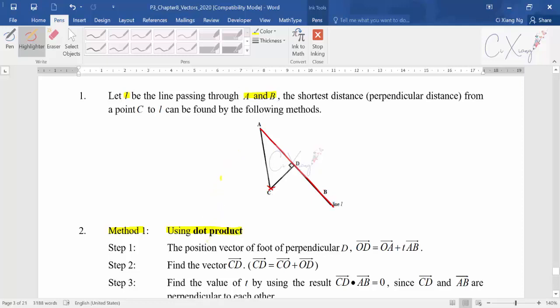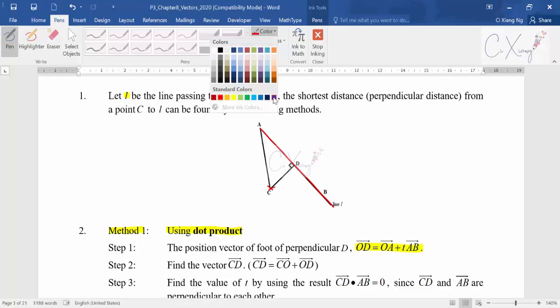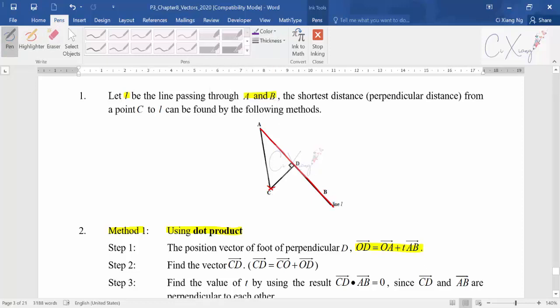First of all, the position vector of the foot of perpendicular D: OD equals OA plus t AB. I don't know whether you still remember, at the very beginning of the vector equation part, when I asked you to find the vector equation, I told you that when I want a coordinate for a point on the line, I substitute a value into t to get a coordinate.